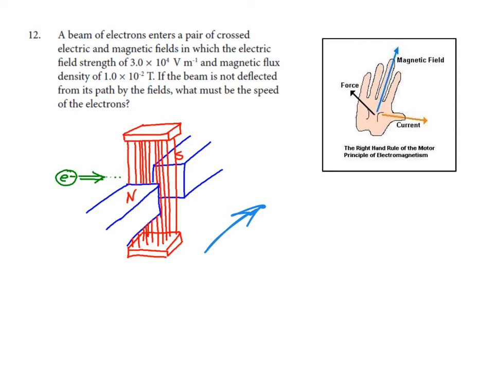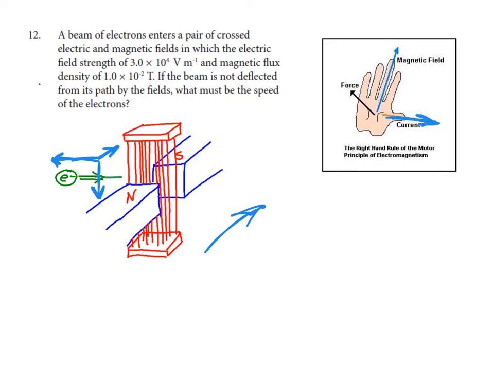Since it's an electron, we have to use the right-hand rule backwards: our thumb should point in the direction that the negative particle came from, our fingers in the direction of the magnetic field, and then your palm will point in the direction that the particle will get pushed, which will be a downward direction.